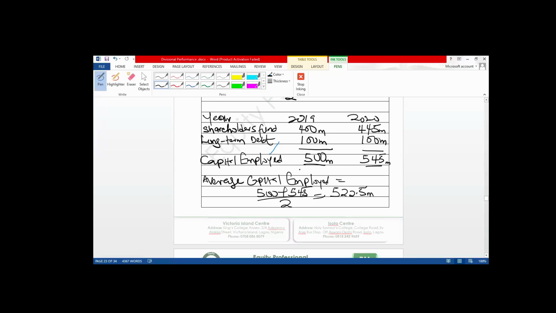At the end of 2019, capital employed was 500 million. What was closing for 2019 is opening for 2020.